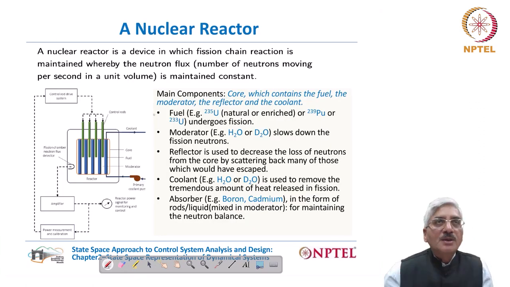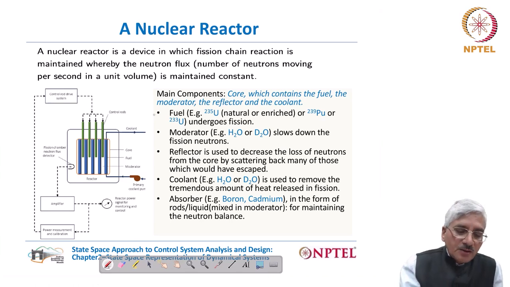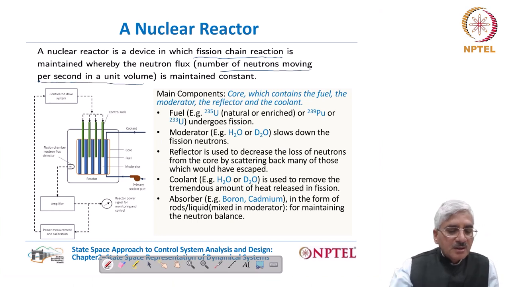Now the next example we take is a slightly specialized one, which is that of a nuclear reactor. This may not be found in standard textbooks, so I request special attention. A nuclear reactor is a device in which a fission chain reaction is maintained, whereby the neutron flux, defined as the number of neutrons moving in a unit volume of the reactor, is maintained constant.